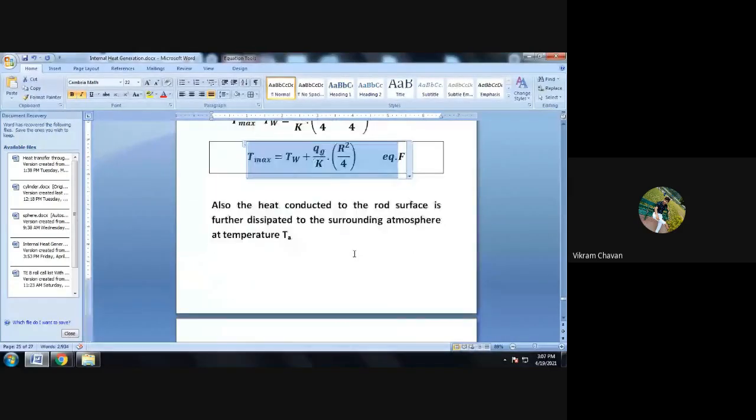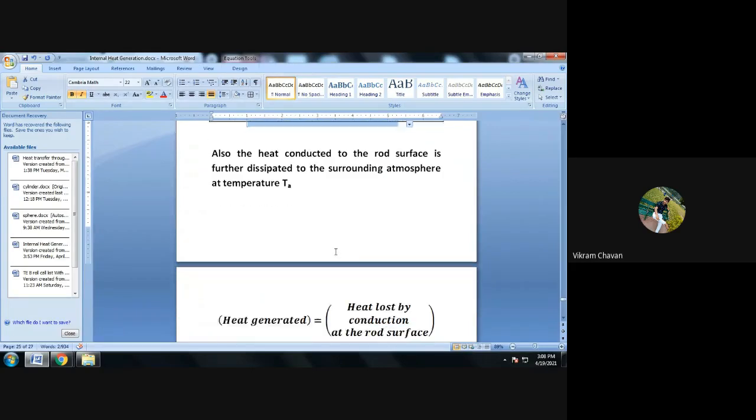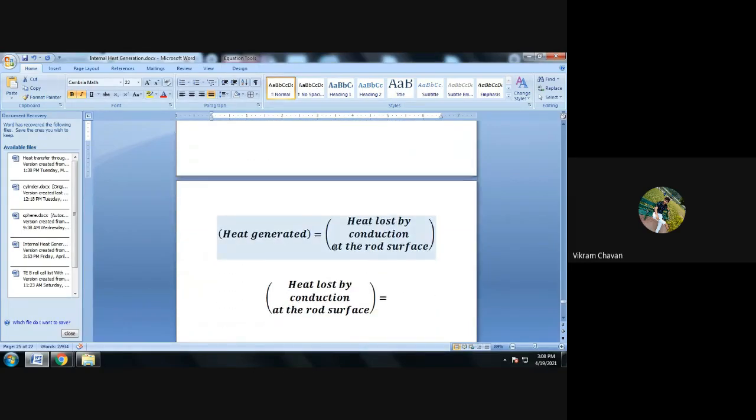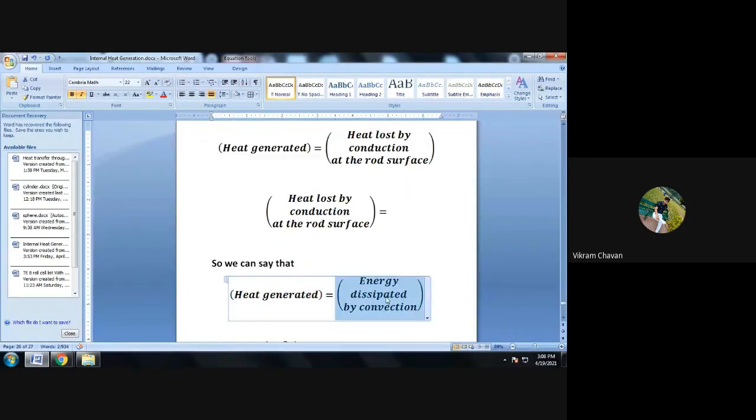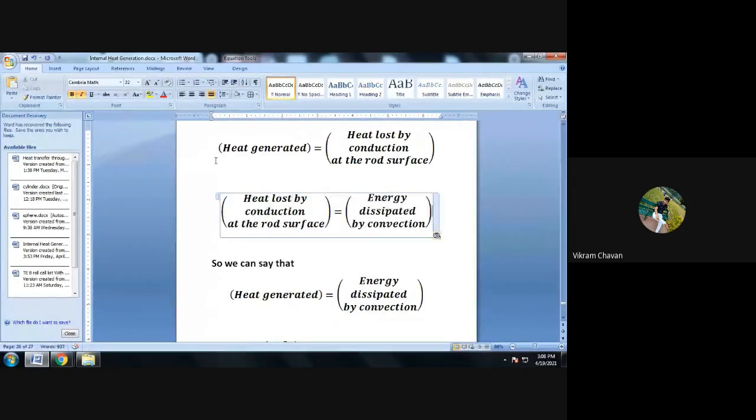And at the last, if you consider that the heat that reached the surface of the rod is dissipated to the surrounding, in that case we have to consider the heat lost by conduction. Initially, one condition we have considered is that the heat generated is equal to the heat lost by conduction at the rod surface.